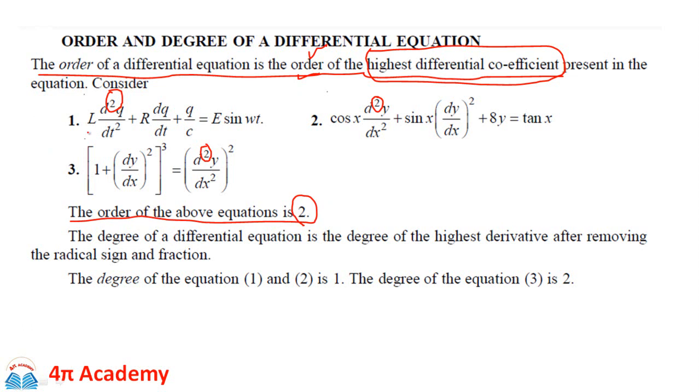This is clear. Now what is meant by the degree of a differential equation? The degree of a differential equation is the degree of the highest derivative after removing the radical sign and the fraction. So this is the definition of degree.